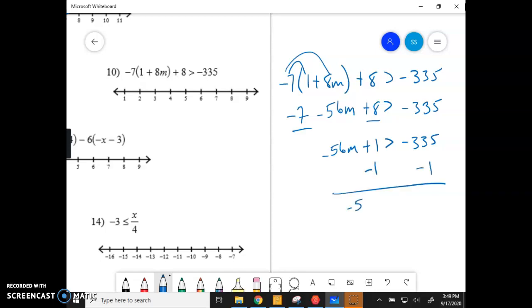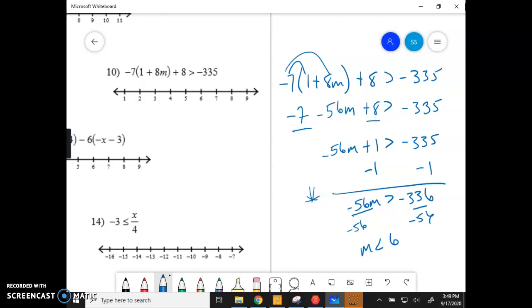I'm left with negative 56m is greater than negative 336, because we're getting more negative, right? And now I need to divide by negative 56. Now, here we go. I'm dividing by a negative to solve, so I need to switch the sign. And negative 336 divided by negative 56 is positive 6.